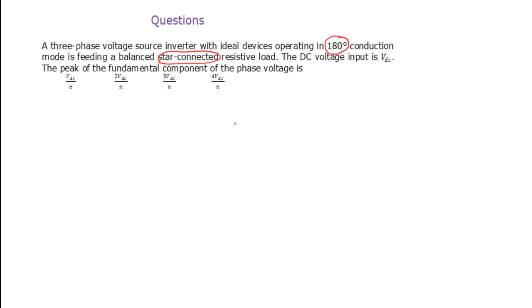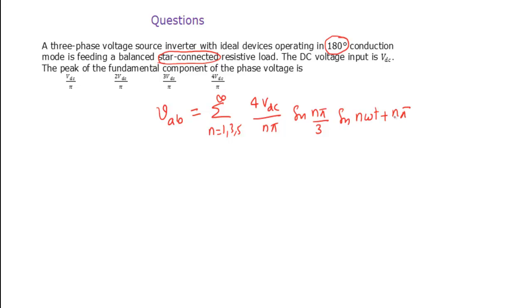Remember, in case of 180-degree star connection we discussed the Fourier series for line voltage only. That means VAB is the sum over n equal to 1, 3, 5 up to infinity of 4 VDC by n pi, sin(n pi by 3) into sin(n omega t plus n pi by 6).